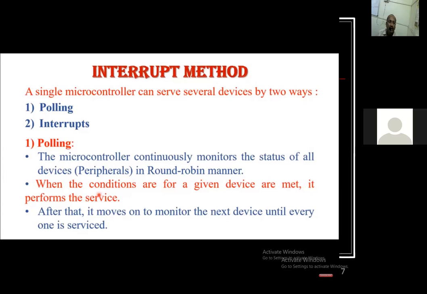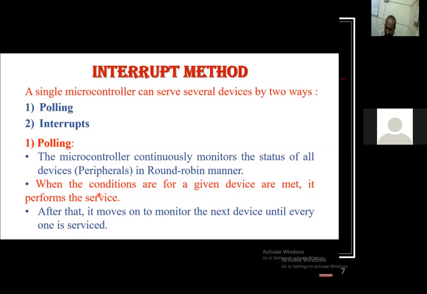So this is a drawback of the polling system, and so it is not used much. When the conditions given for a device are met, it performs the service. After that, it moves on to monitor the next device until everyone is serviced. Got it?